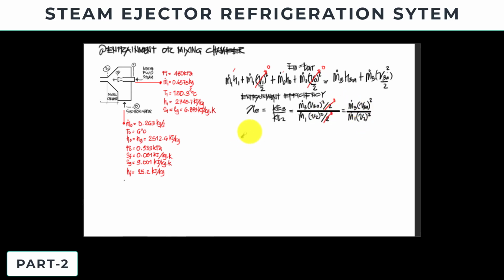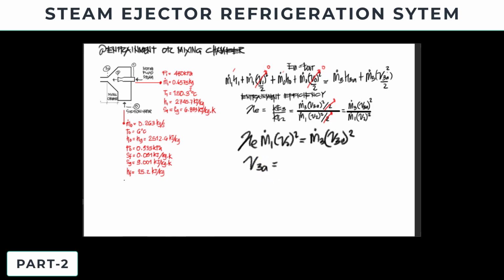So, we have your efficiency, that is coming from here. That will be multiplied by the mass flow rate 1, then multiplied by the velocity 2 squared, which is equal to the mass flow rate 3 times the velocity 3a, that will be squared. Then finally, we can solve our velocity 3a.